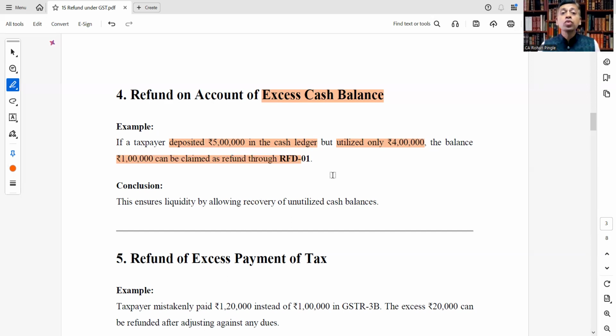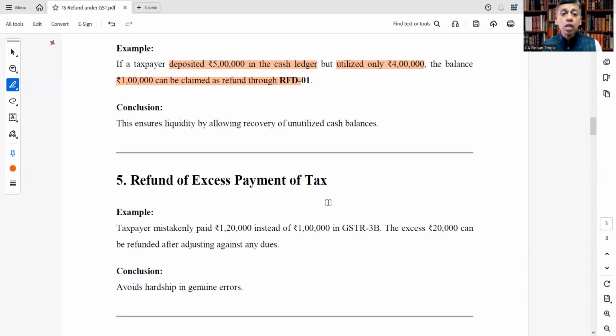The conclusion from this particular provision is that this ensures liquidity by allowing recovery of unutilized cash balances.